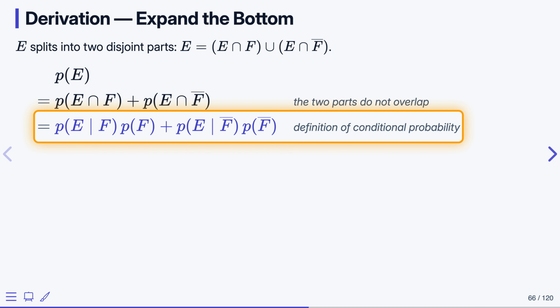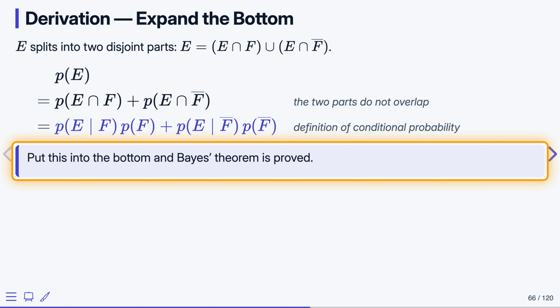Now use the definition of conditional probability on each piece. The first piece is P of E given F times P of F. The second is P of E given not F times P of not F. Put that sum into the bottom of the formula from the last slide, and we have Bayes' theorem exactly as we stated it. The derivation is done.